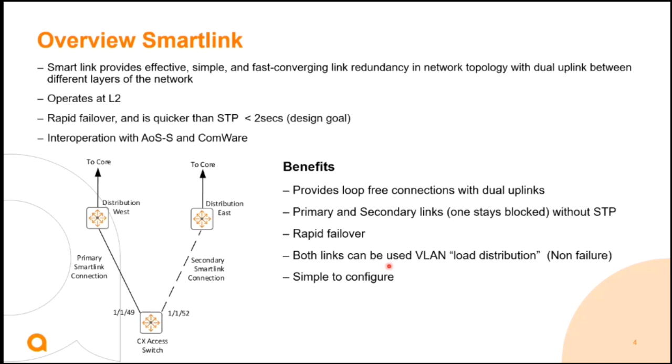So I talked about having one blocked, but we can still utilize that, and I'll talk about that a bit later. But it's a load distribution and not a load sharing based on packets, right? It's only VLAN load distribution. So if the VLAN is not loaded, you're not actually distributing traffic evenly, okay?